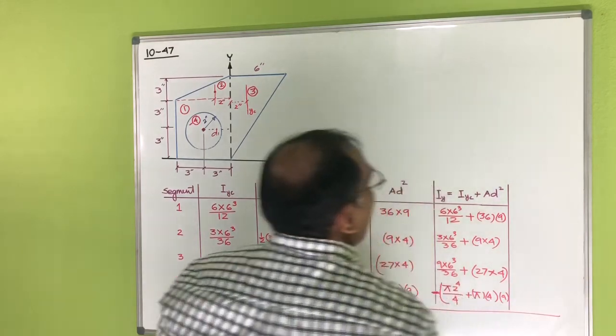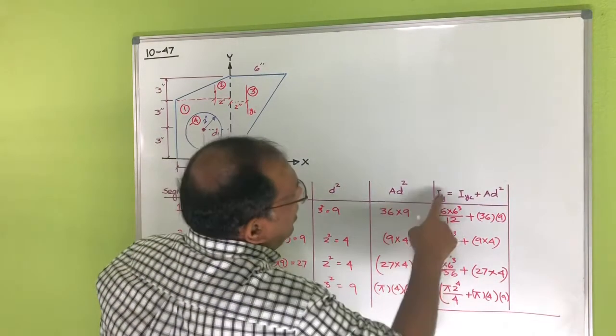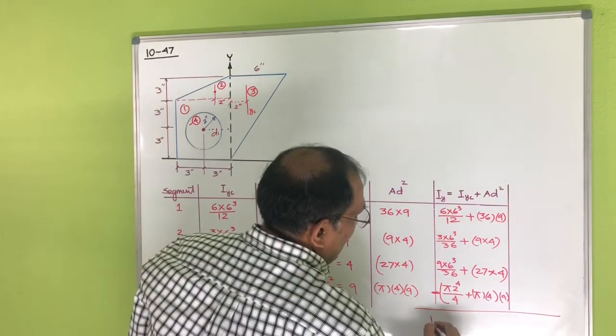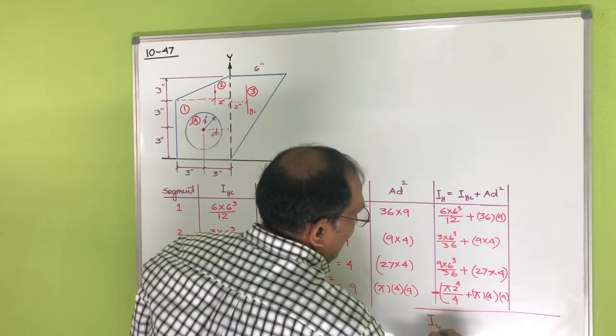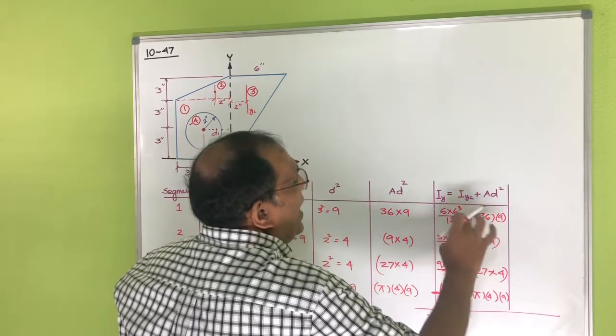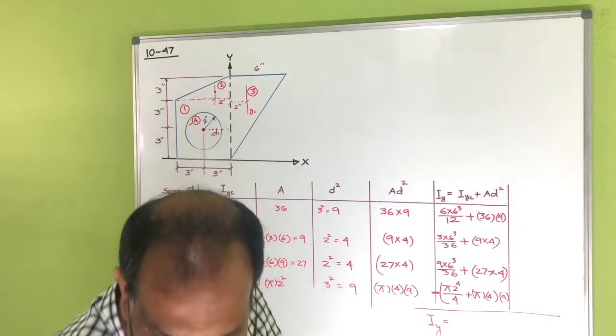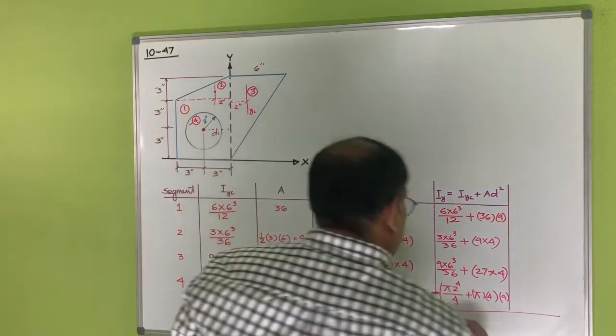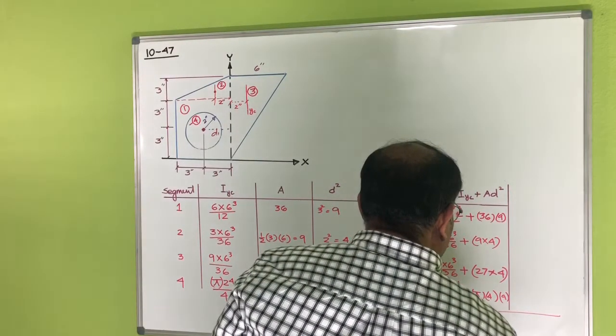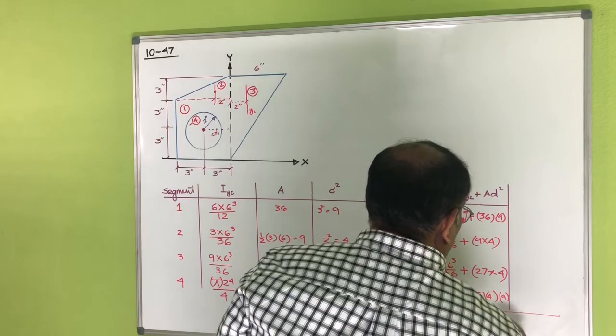So if you get the total Iy, you have to add these 3 and subtract that one, and your answer will be 522 inch to the power 4.